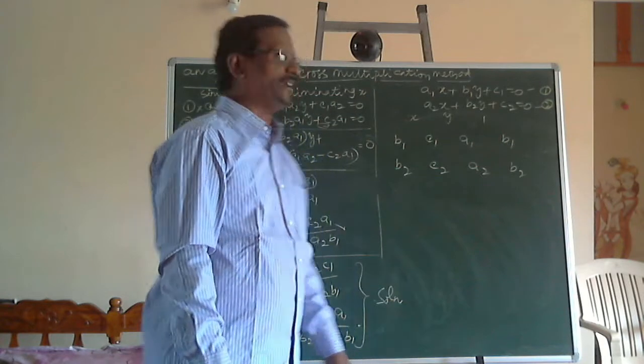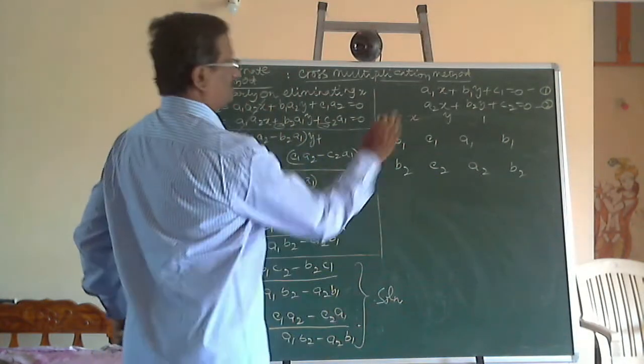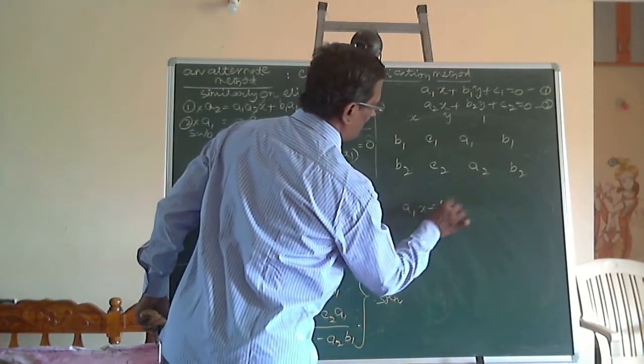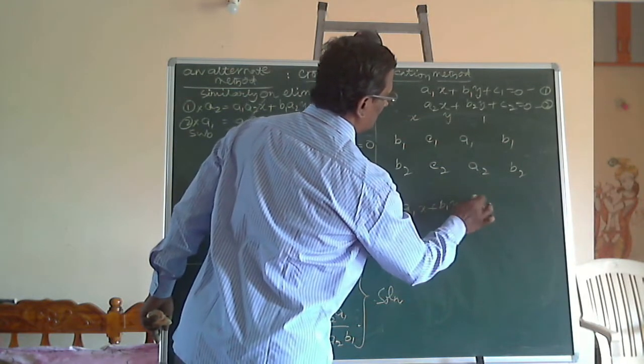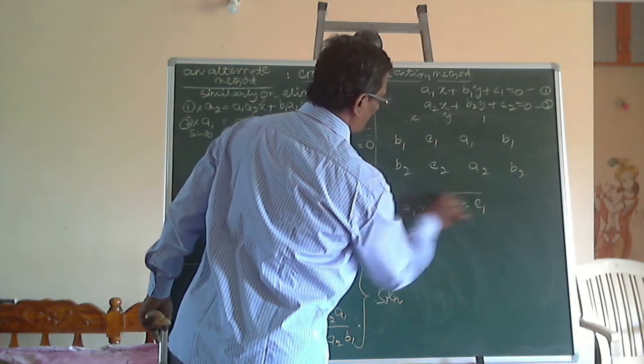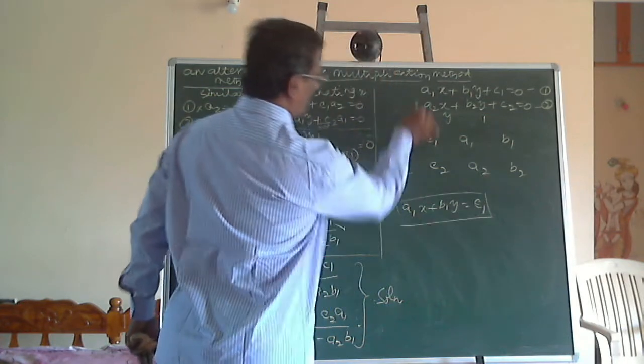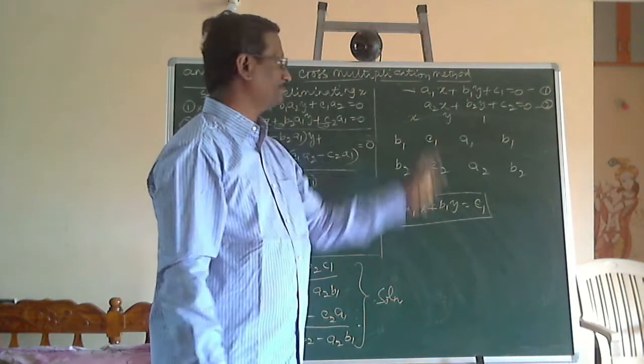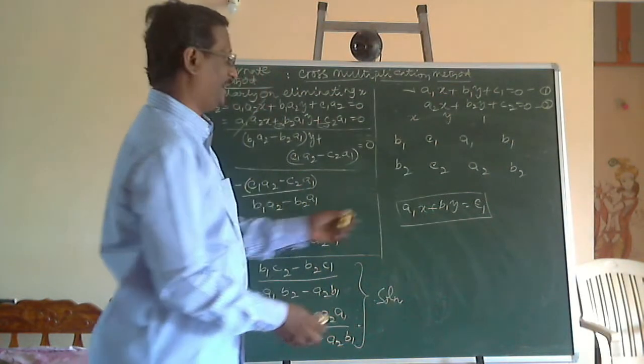Sometimes we write the standard form with the constant on the right side, a1x plus b1y is equal to c1. This is also a standard form, but we are following this one, so see that the constant is on the left side.